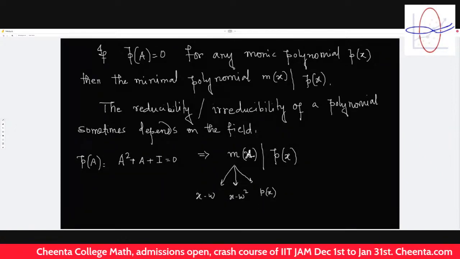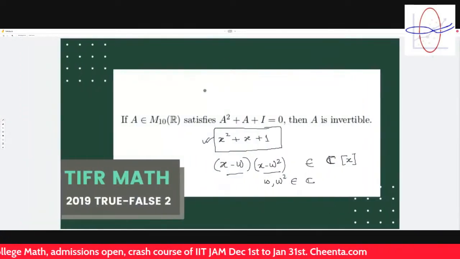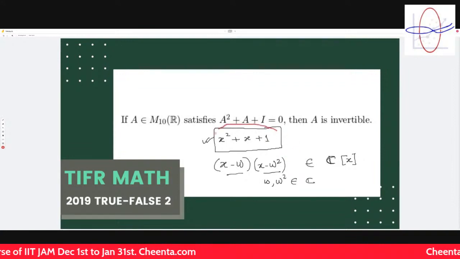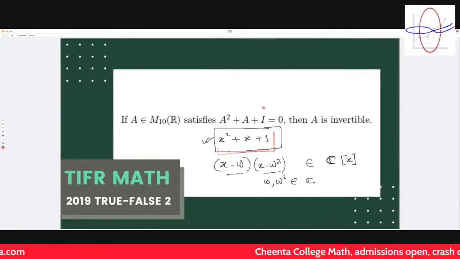Because that is how it is breaking up. So the factors are x minus omega, x minus omega square, or the product of the entire thing.